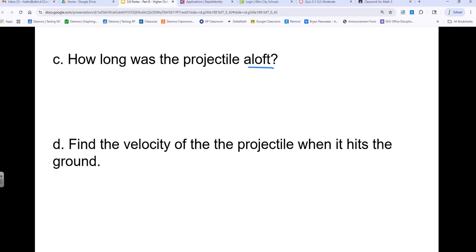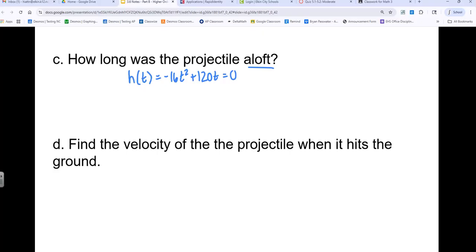When does it become not in the air? When it hits the ground. What is its height when it hits the ground? 0. So I could use my height formula, negative 16t squared plus 120t, and set that equal to 0.